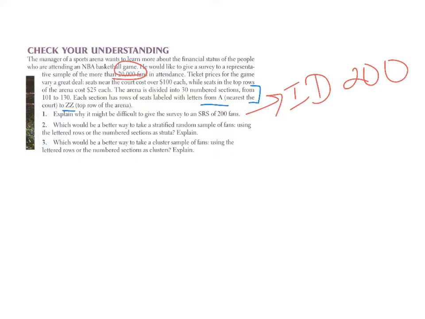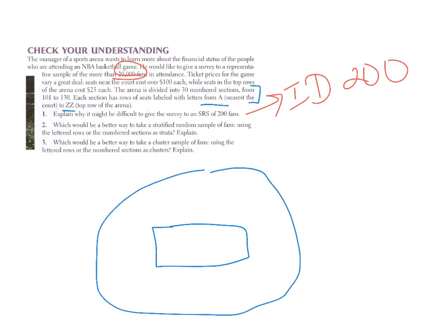If you can envision this arena, here's your basketball court down here, and people are sitting around it. And you have section 101. We have people down here in row A and people way up here in row ZZ.